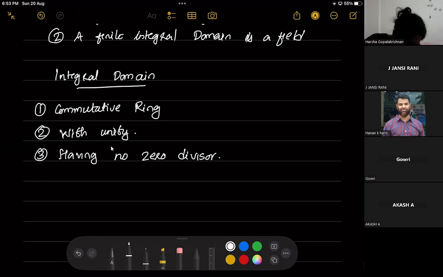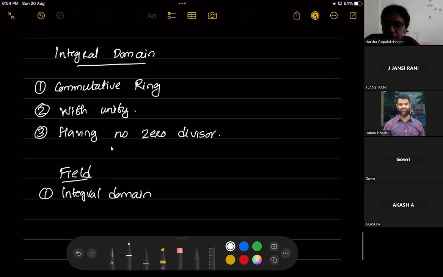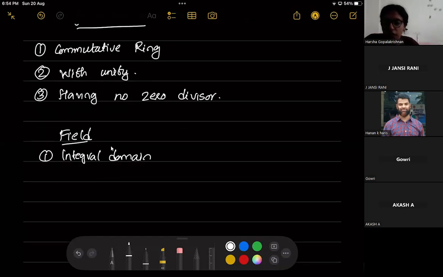Now, field. Field means first of all it should be an integral domain, and it should satisfy the condition that every non-zero element should have a multiplicative inverse.